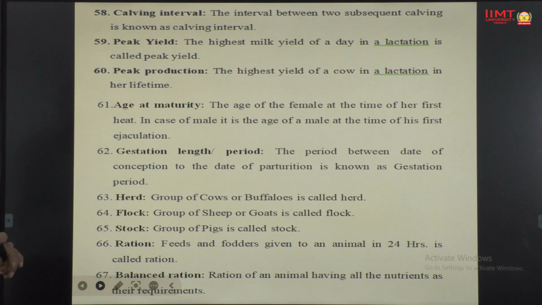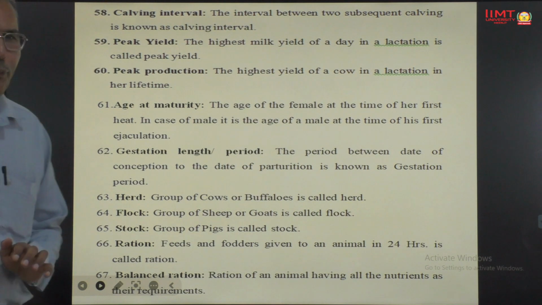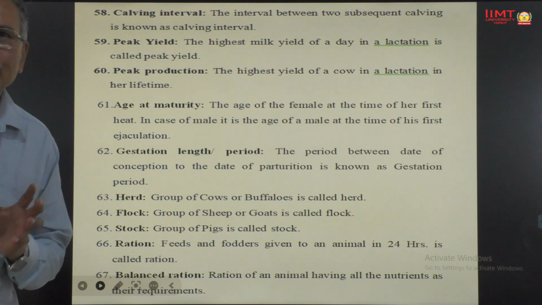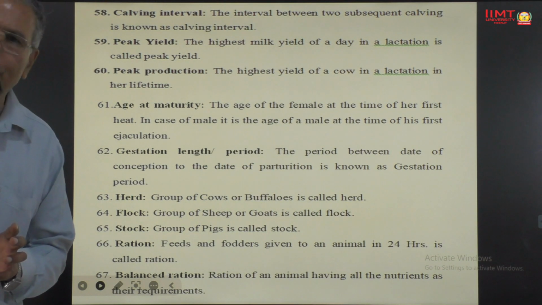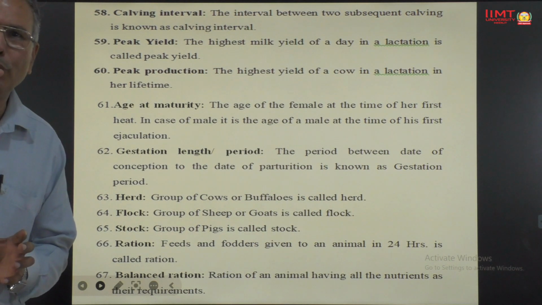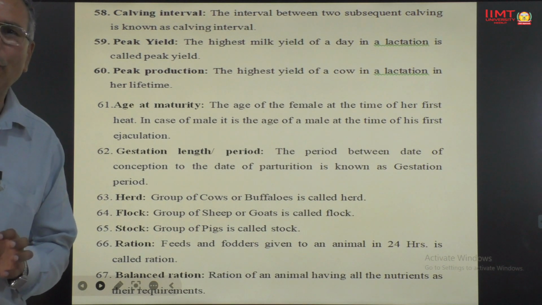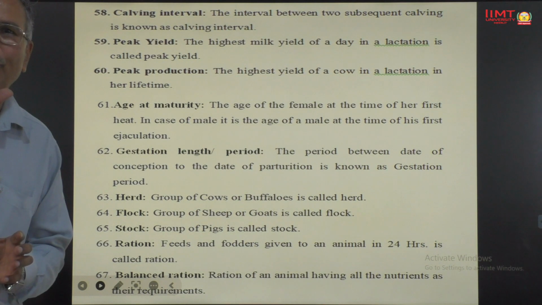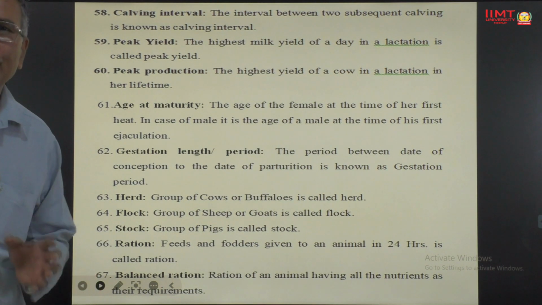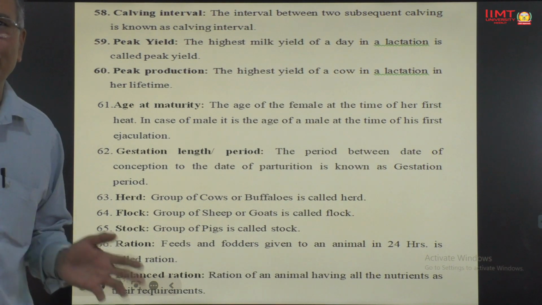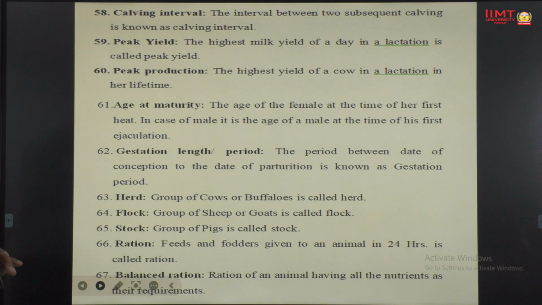Age at maturity: the age of a female at the time of first heat, or in case of a male, the age of a male at the time of first ejaculation of semen, is known as age of maturity. What is gestation period?